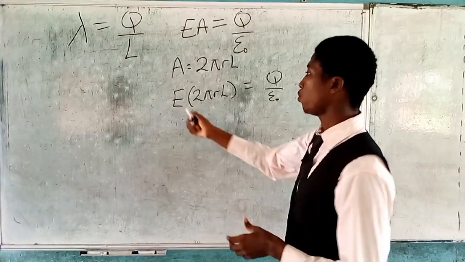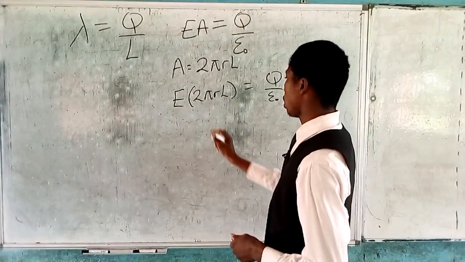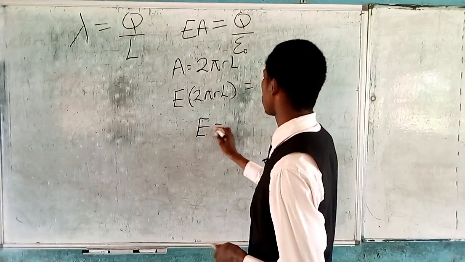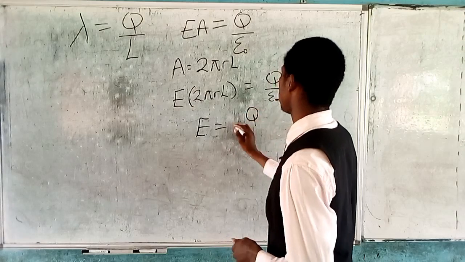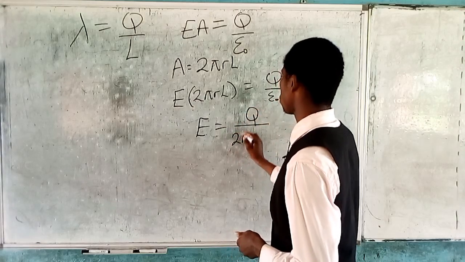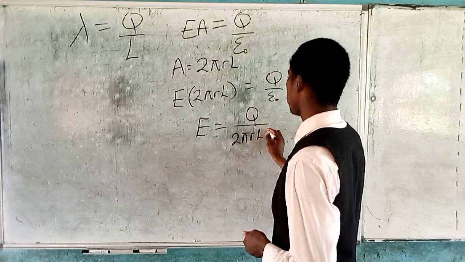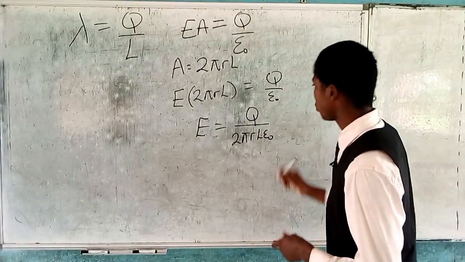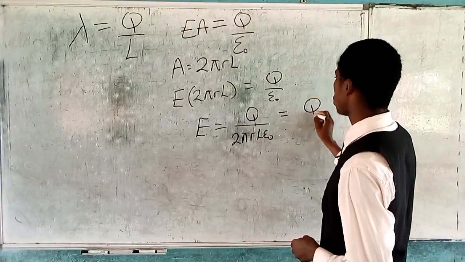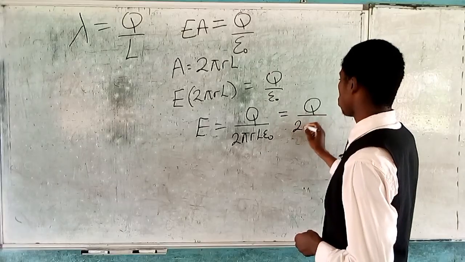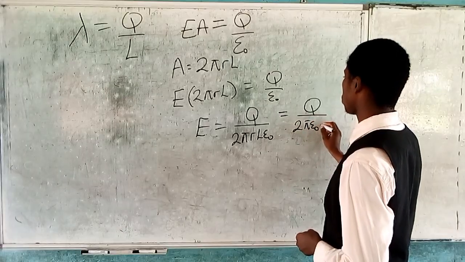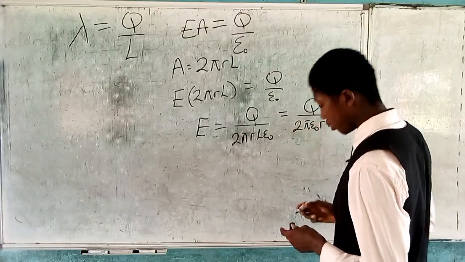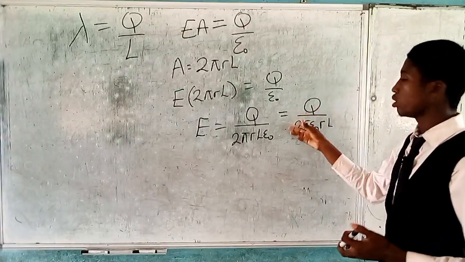Now, if I make electric field the subject of the formula, I'll have that E equals charge divided by 2 pi RL epsilon naught. And if I rearrange this very well, I'll have charge divided by 2 pi epsilon naught RL.